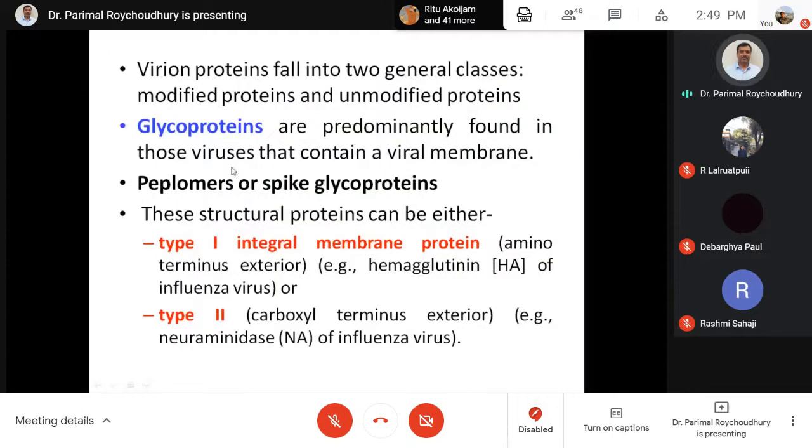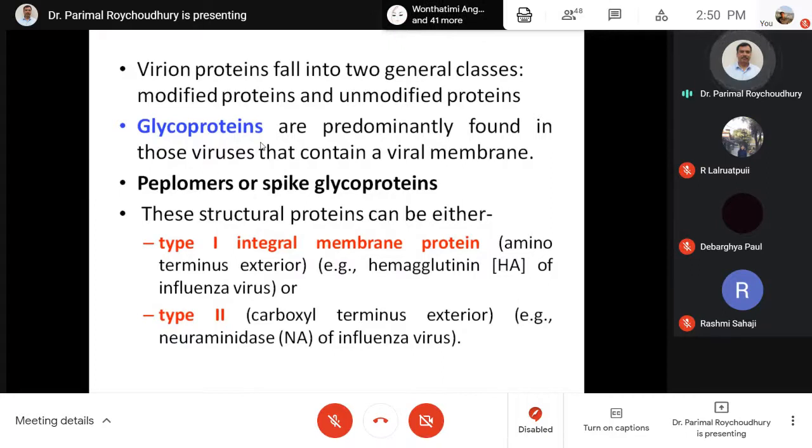Some of the proteins participate in formation of the virion structure, but there are certain proteins, more particularly the glycoproteins, as we are talking about the spike proteins of coronaviruses or classical swine fever, etc. In many viruses, the glycoproteins, which are the spike proteins, mostly help in establishing infection in the host cell, and in fact they are good immunogens.